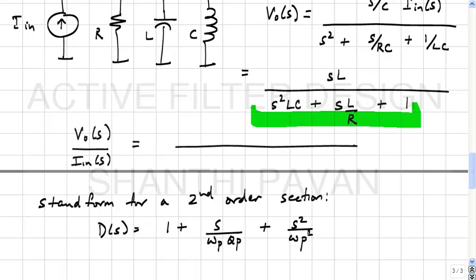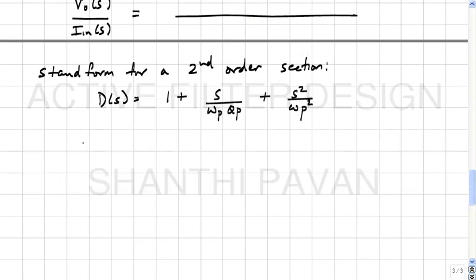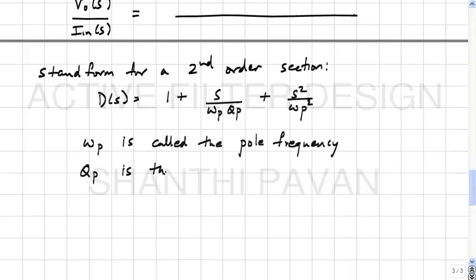So it stands to reason that one should be able to derive the values of omega P and QP in terms of LC and L by R. So omega P is called the pole frequency, all right, and QP is the quality factor. I'll tell you why these terms make sense.